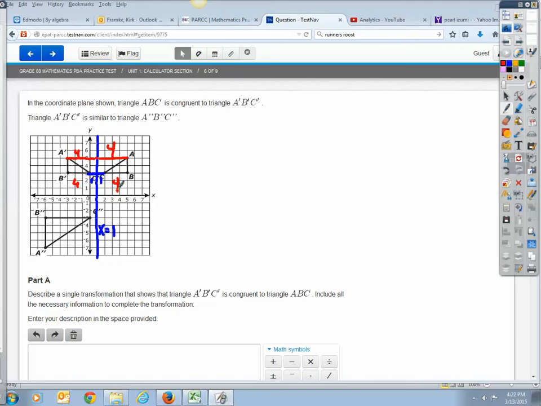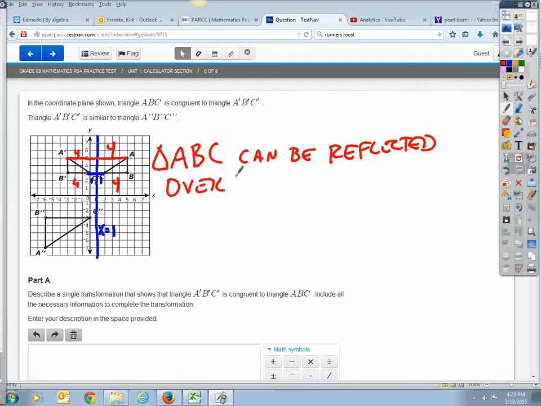Okay. So then it says describe a single transformation that shows that triangle A prime, B prime, C prime is congruent to triangle ABC. Include all the necessary information to complete the transformation. So the shortest answer is that triangle ABC can be reflected over line x equals 1.